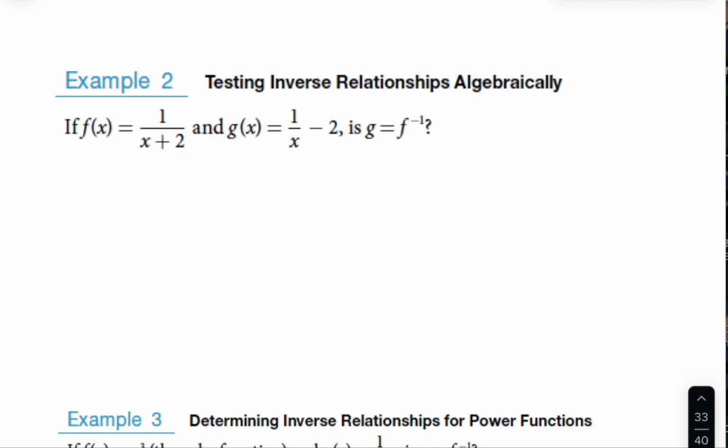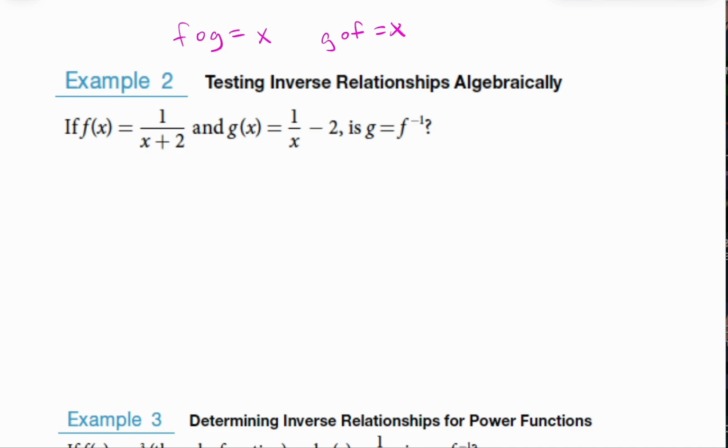Now we can test whether or not two things are inverses. If we compose them, f of g would have to equal x, and also g of f would have to equal x. So when they ask us to test whether things are inverses algebraically, that's exactly what we're going to do. Now we know how to do f of g and g of f.